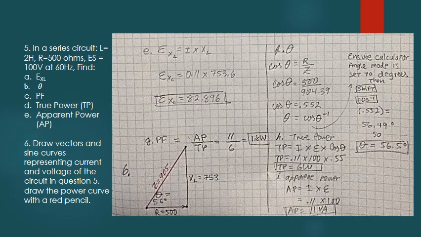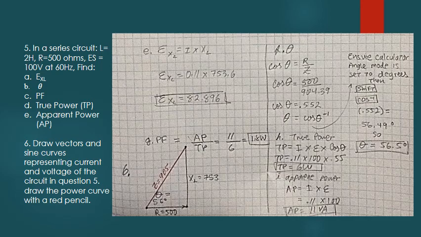Moving on to the next step, step G, find your PF. But for that, we have to find your apparent power and your true power. First, we move on to the true power, step H. We have the formula I times E times cosine theta, which is 0.11 times 100 times 0.55 in this case, which gives us 6 watts.